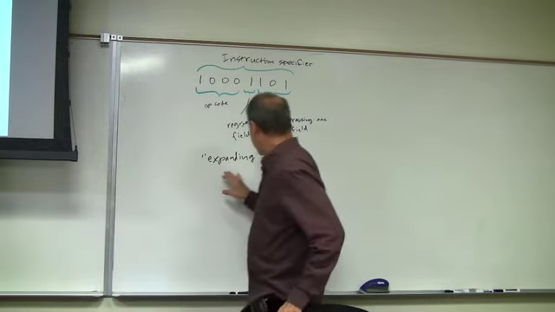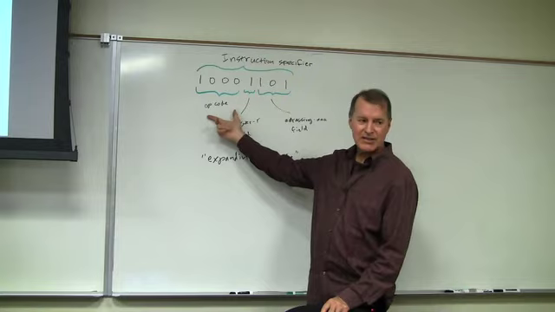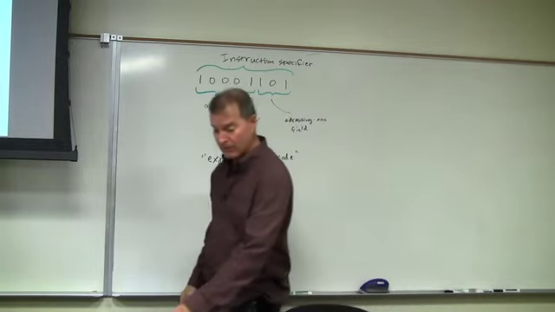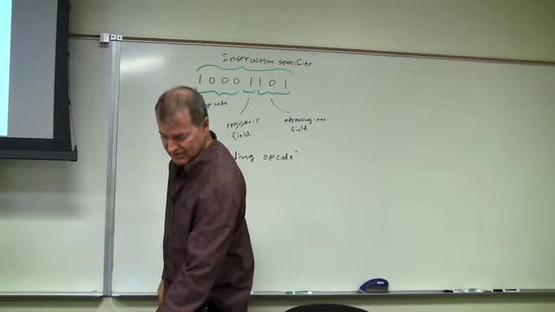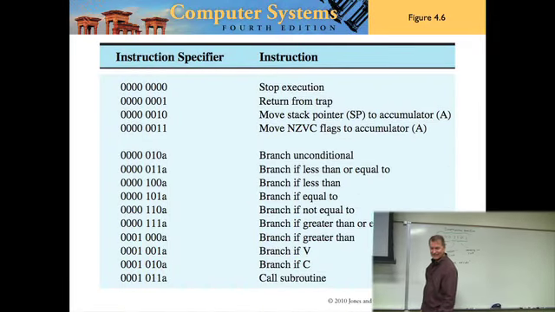It's called expanding opcode because the number of bits that tell you what the instruction does varies. In fact, for the stop instruction it's all 8 bits. Okay, is everybody good?